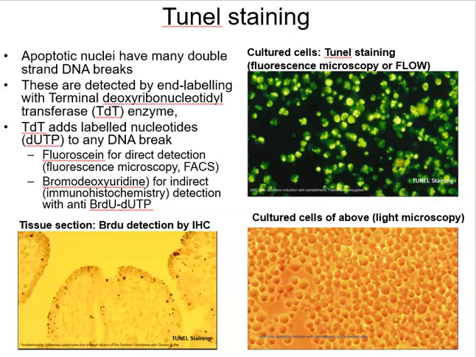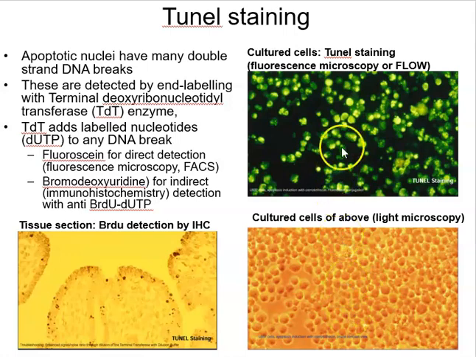So what we can do is add fluorescent nucleotides to the cell and allow this enzyme TdT to add fluorescent nucleotides, and wherever cells have got lots of DNA breaks, the cells are fluorescent. This image and this image are the same cells.